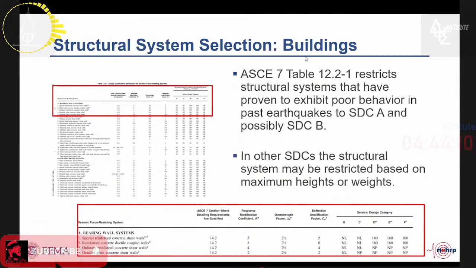The table lists not only the systems, but the permissible R values, C sub D coefficients, and any limits on the height of the system depending on the seismic design category.